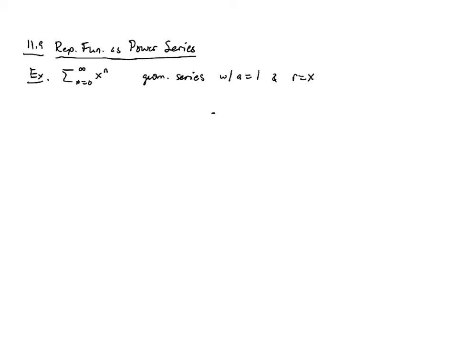And if you remember, the formula for the sum of the series is the fraction 1 over 1 minus x. This is because a equals 1 and r equals x. And this is a valid formula whenever the absolute value of x is less than 1.